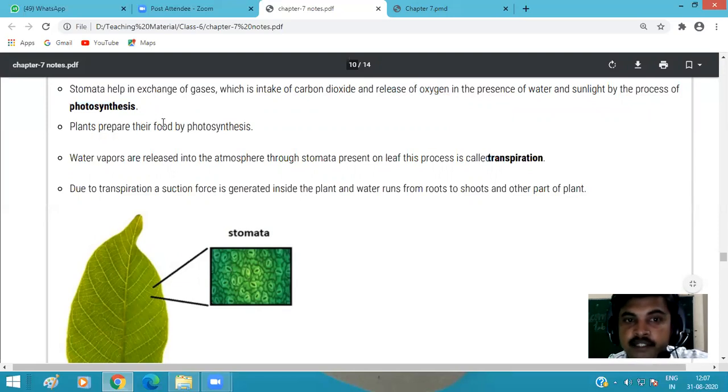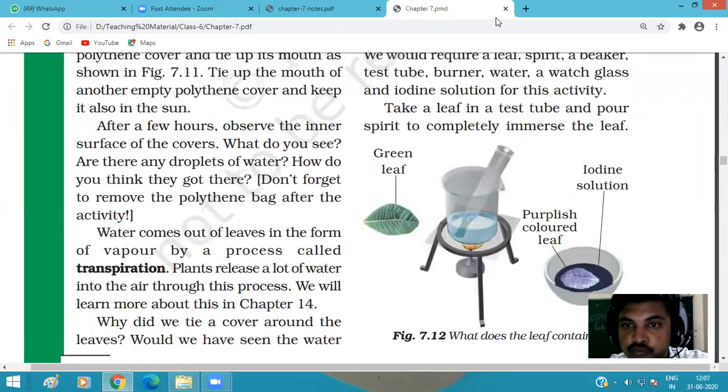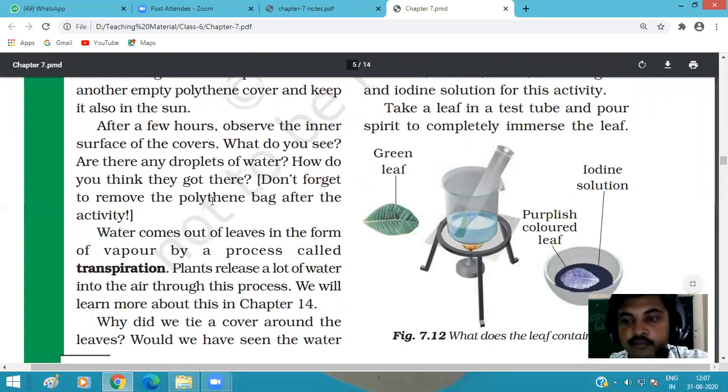Plants prepare their food by this process. How can we show that plants produce their own food? By an activity, we take a leaf of a plant and put it into a test tube, immersed in spirit or alcohol.